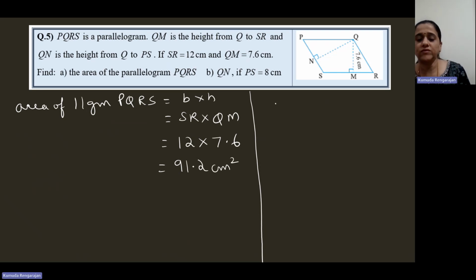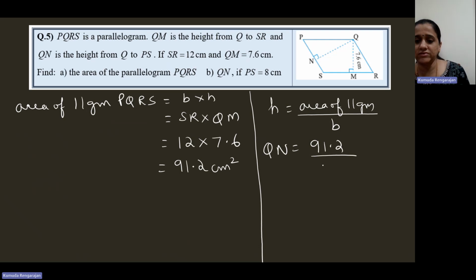centimeters square. So how do you find the altitude? Altitude is equal to area of parallelogram by base. So what is altitude here? QN. So QN is equal to area 91.2 divided by base PS. Correct? So QN is equal to 91.2 divided by 8.